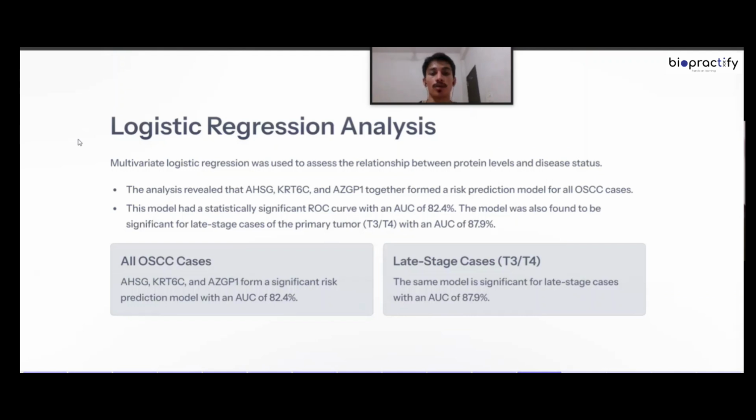These three proteins were observed to form a major risk prediction model for the carcinoma, and this model had a statistically significant ROC curve with an AUC of 82.4%. The model was also found to be significant for late stage cases of the primary tumor, that is T3 and T4, with an AUC of 87.9%.